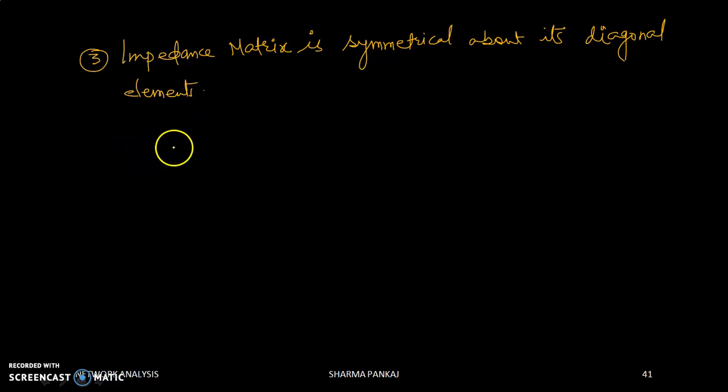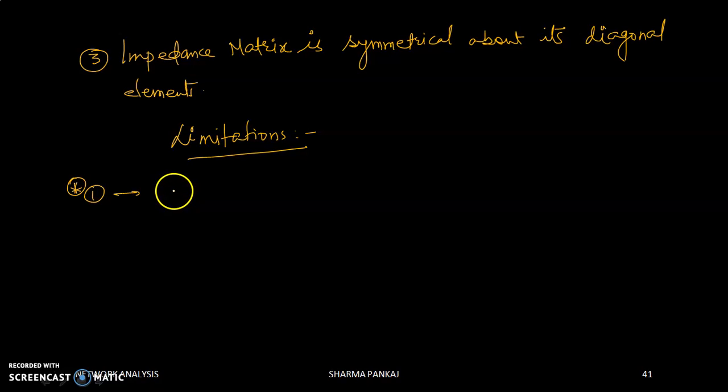Now let us come to its limitations. Limitations means where it fails to apply. Point number 1, which is very important: it is applicable to single source networks only.